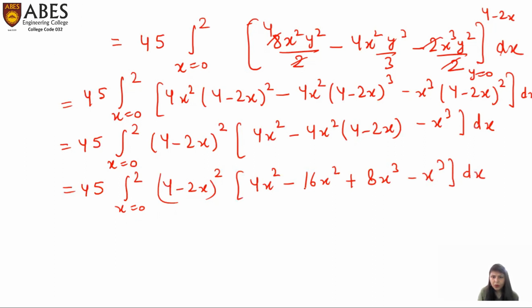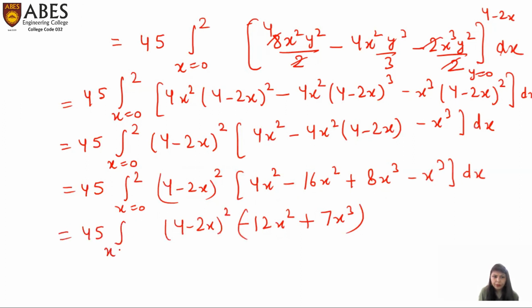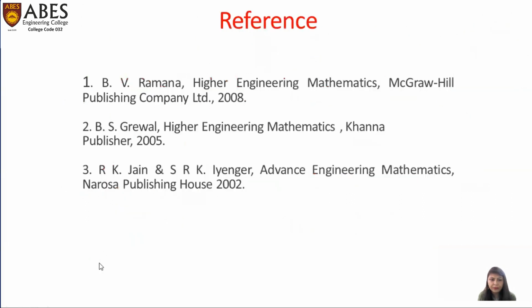So this will give you 4 minus 16 is minus 12x square, and this is 7x cube, into 4 minus 2x whole square. So now you just have to do the integration with respect to x only. When we solve this integration with respect to x, we will get the answer.